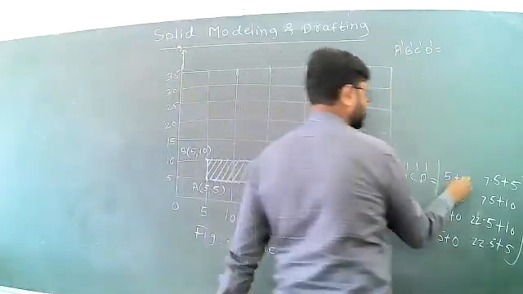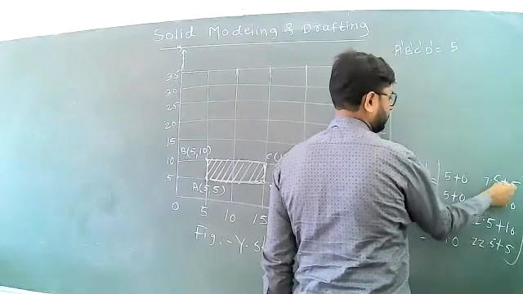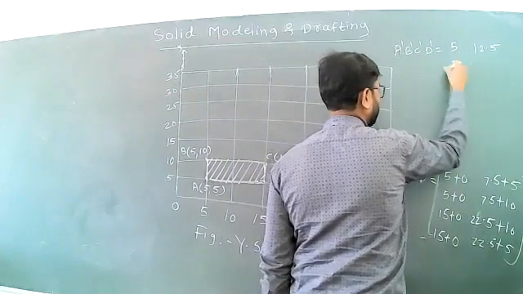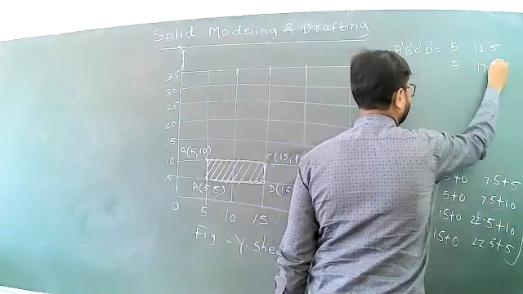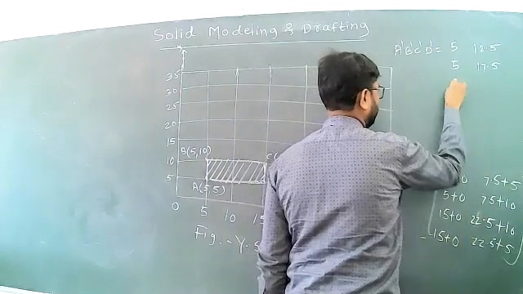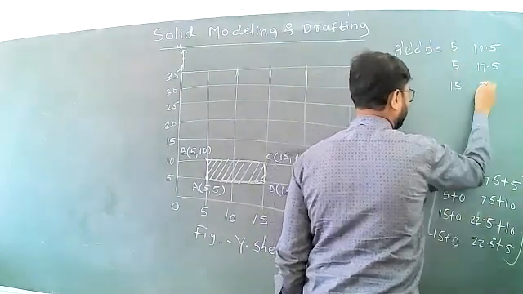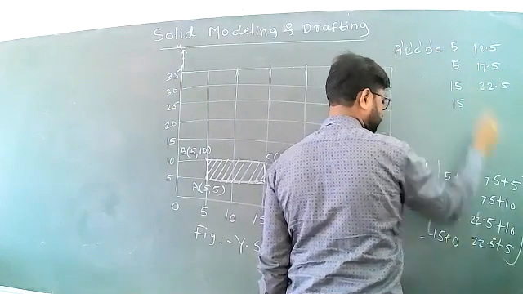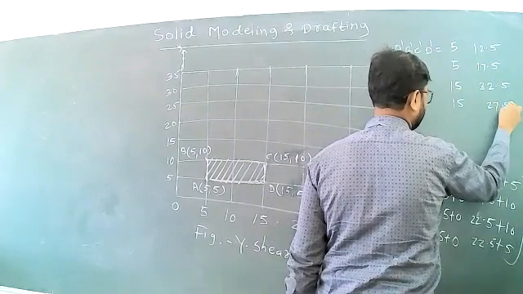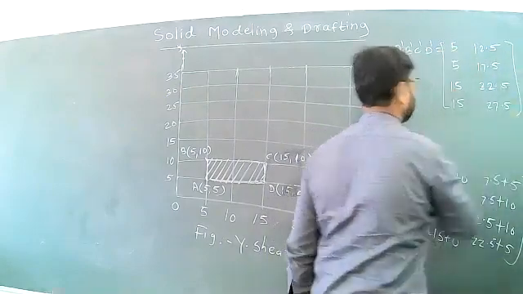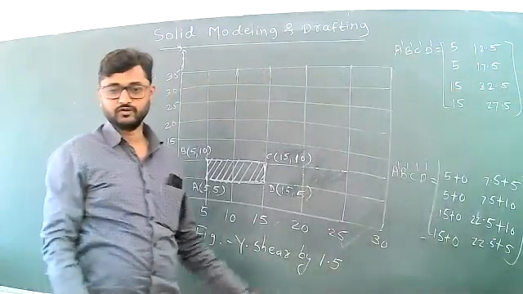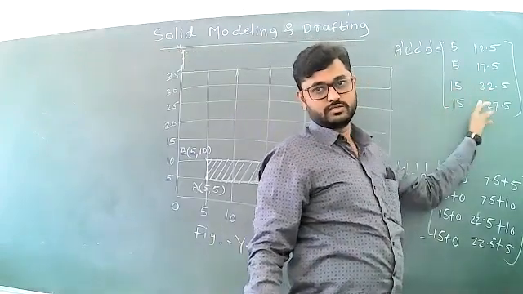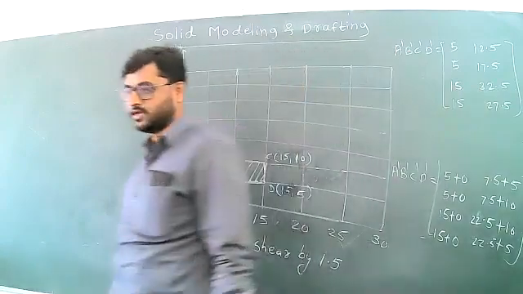That is equal to 5 plus 0 is 5, and 7.5 plus 5 is 12.5; 5, 17.5; 15, 32.5; 15, 27.5.